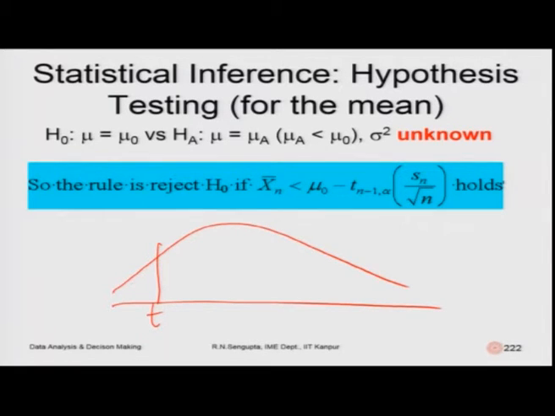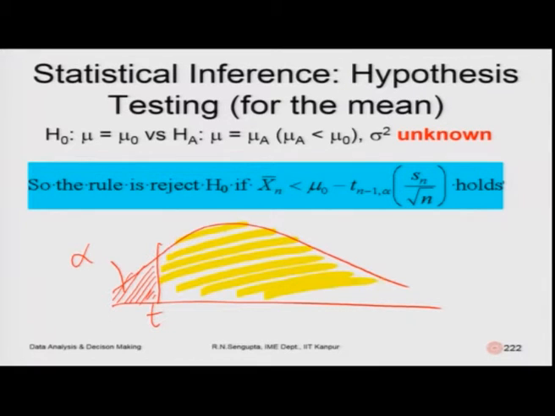So, in this case if x bar n is onto the left hand side, this area would basically be alpha, so this is the level of significance which you have, and this would be given by n minus 1, remember that is important, and alpha, because alpha is basically onto the left hand side.